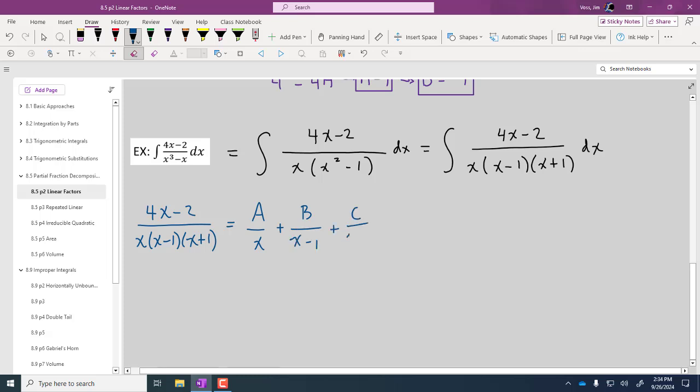So there must be an a, b, and c that satisfy that. We're trying to boil it down to its atoms, its essential building blocks.